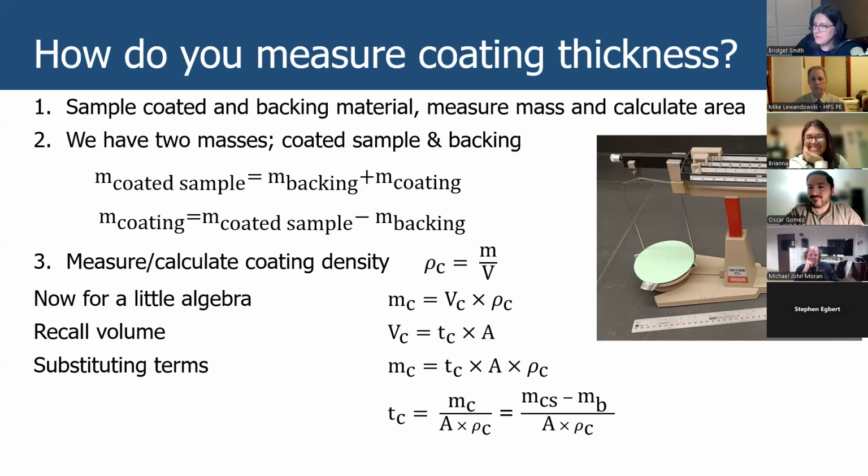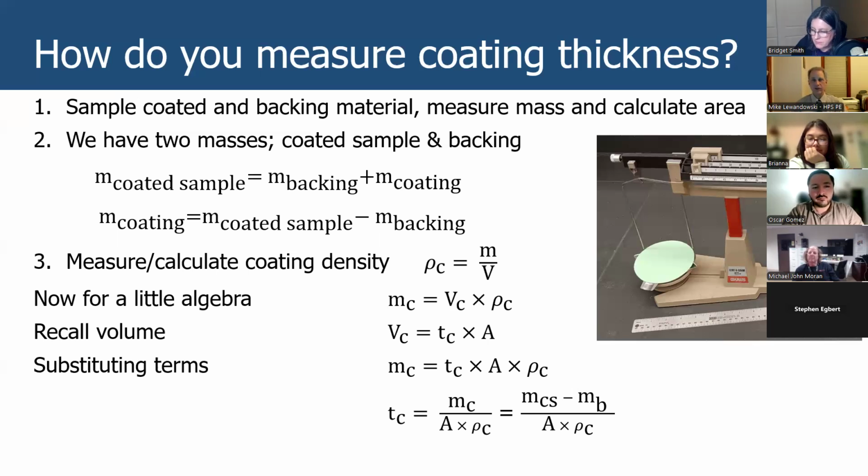It's really a two-part process, right? We have some sort of backing that's not sticky, and we add something that's sticky to it. And there you go. Now you know all the secrets about making tape. So if we want to measure the thickness of the coating, we start with knowing the thickness of the backing material, so the material without the coating, and then we measure the thickness of the coated product and do a simple subtraction.